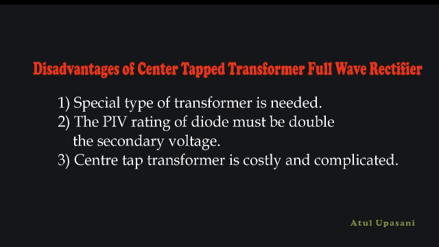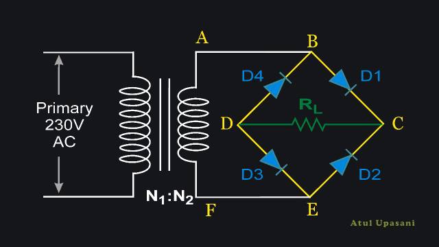Third, the center tap transformer is more costly and very complicated to construct. Due to these disadvantages of the full wave rectifier with center tap transformer, another type was developed, called the full wave rectifier with bridge type.